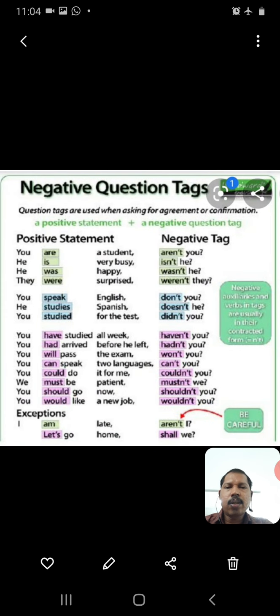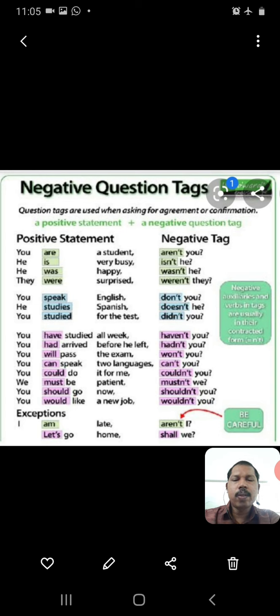If it is a negative question tag, how the positive statements are given and what kind of negative tag is used here. You observe the personal pronouns, observe the verb, what tense is used, whether it is main verb, auxiliary verb, etc., and how it is changed by using the negative tag.